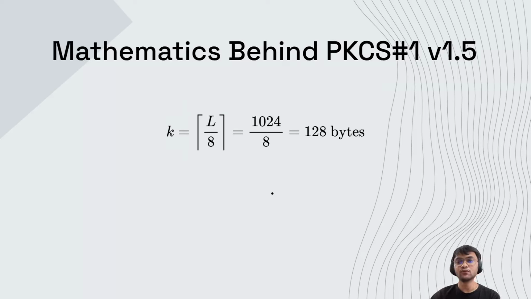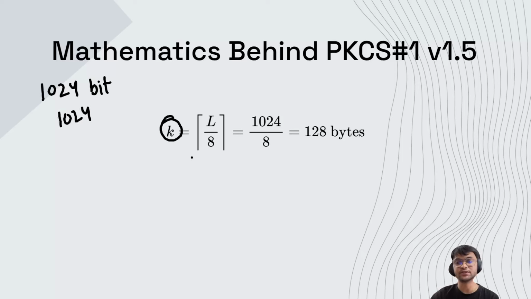In PKCS1 version 1.5, we use K to represent the length of RSA modulus N in bytes. For example, if you have a 1024-bit RSA key, then the RSA modulus N is a 1024-bit number.